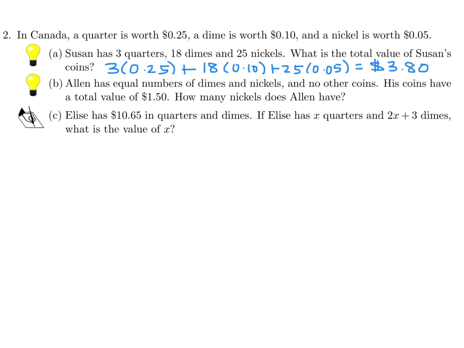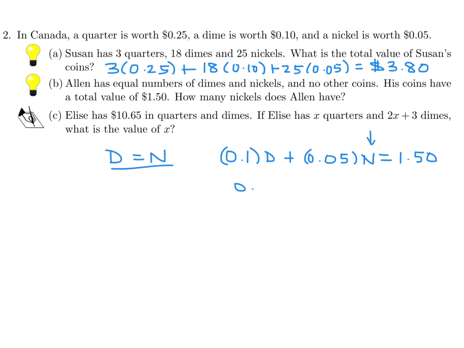Alan has equal number of dimes and nickels and no other coins. His coins have a total value of $1.50. How many nickels does Alan have? So in Alan's case, dimes is equal to nickels. If we were to calculate it, it's 0.1 times dimes plus 0.05 times nickels, and that is equal to 1.50. But since d is equal to n, we can just substitute that in here.